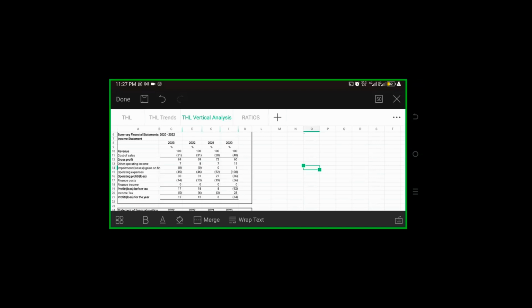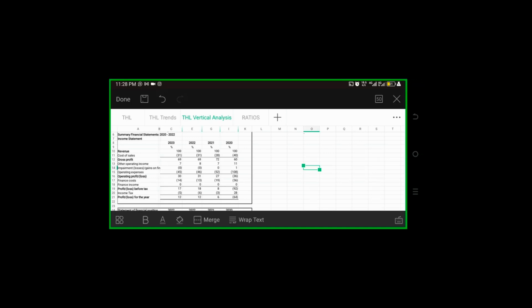And gross profit is 60 naira of every 100 naira made, which means they have so much they can use to cover other operating expenses. Other operating income was just 11%, and impairment, well, that's that.